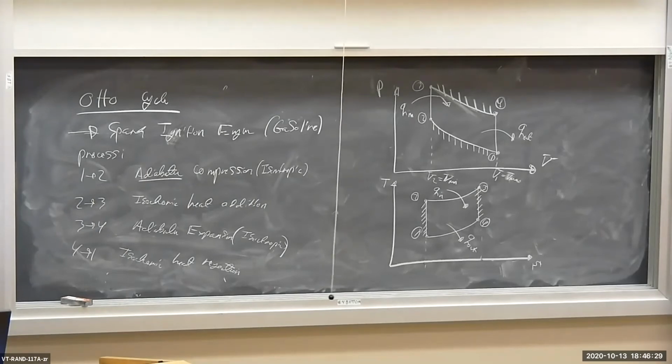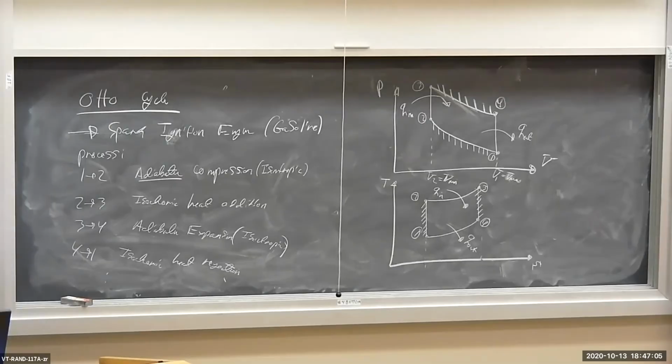So for an isentropic process with an ideal gas with constant specific heats, T1 over T2 is equal to V1 over V2 to the power of 1 minus k. That is from the property relationship.